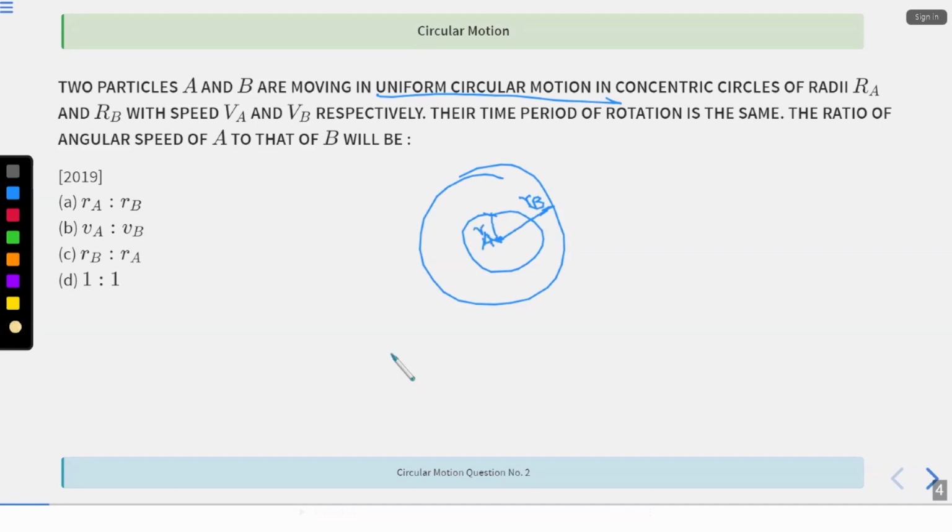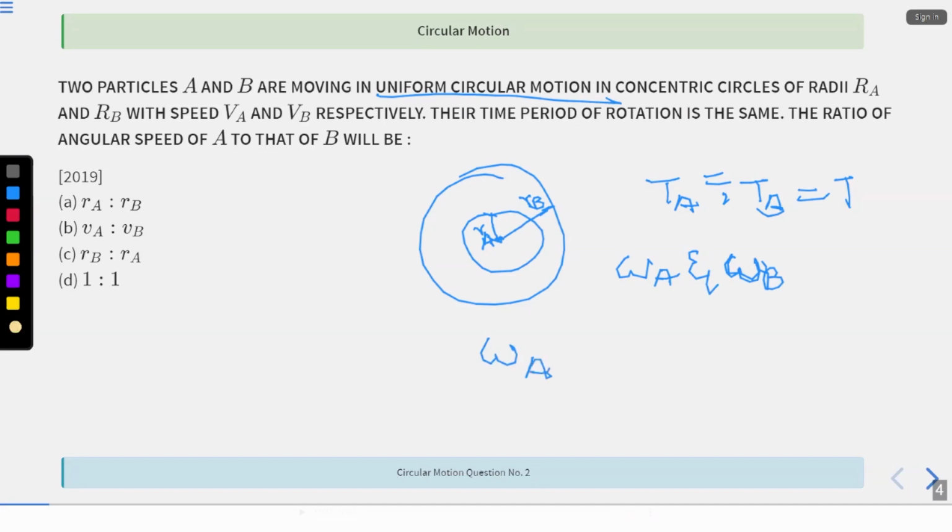So we have been given that the time periods of A and B are the same, okay? So I'll equate it to T, okay? And then we have been given RA, RB, and then VA and VB. So what we will write is, we have to find out omega A and omega B. So how do we do that? Simple formula.